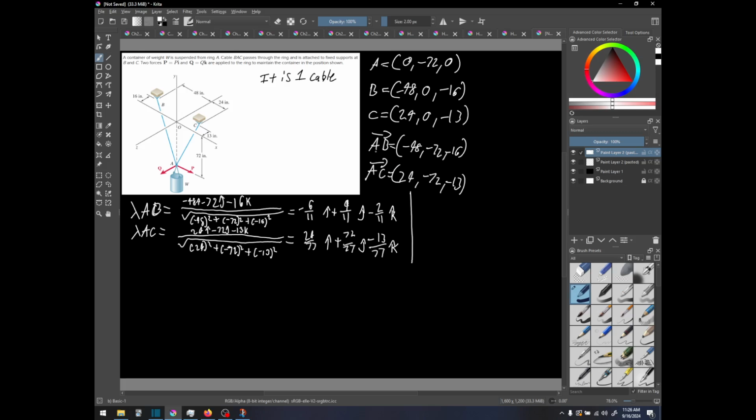So tension in AB equal to tension AB lambda AB, which is going to turn into just the i, j, and k hats.